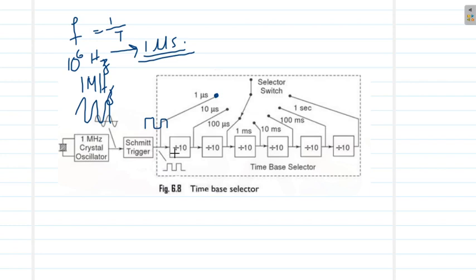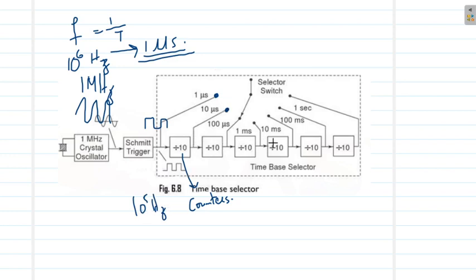Then you can employ different frequency dividers, such as counters, that will divide the frequency by 10 in a series manner. So if you divide 1 megahertz frequency by 10, you will have 10 raised to 5 hertz as the frequency, which corresponds to a 10 microsecond time period.